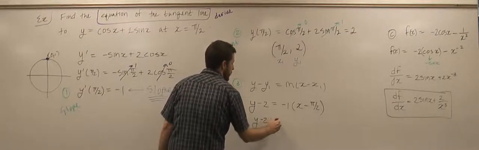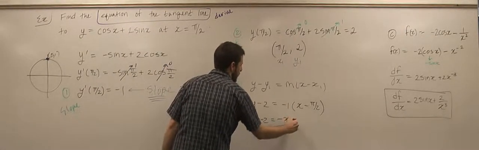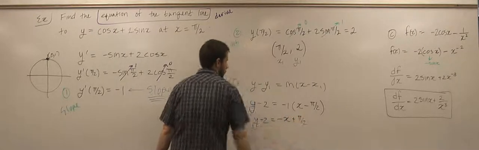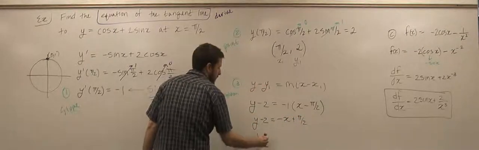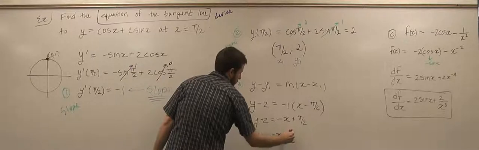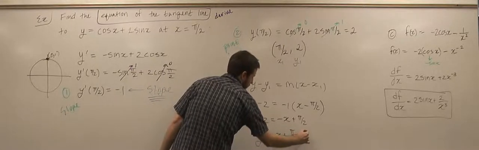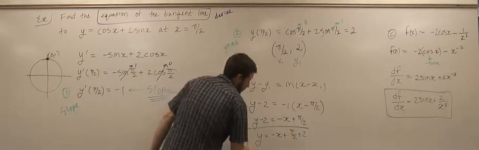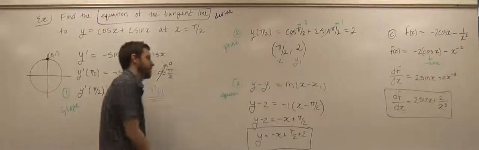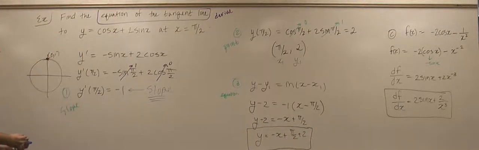Distribute out the negative 1: y minus 2 equals negative x plus pi over 2. Add the 2 to the other side. You can get a common denominator if you want. I don't want to.